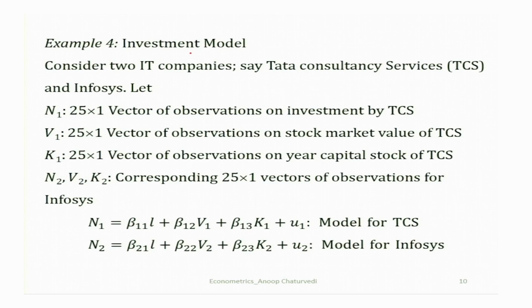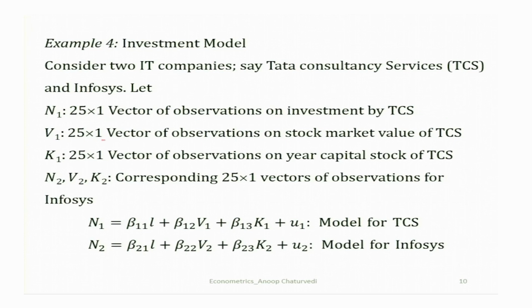Then the next example is the investment model. Now, we consider two IT companies, say Tata Consultancy Services, TCS, and Infosys. Suppose N1 is a 25 cross 1 vector of observations on investment by TCS. You have 25 observations.